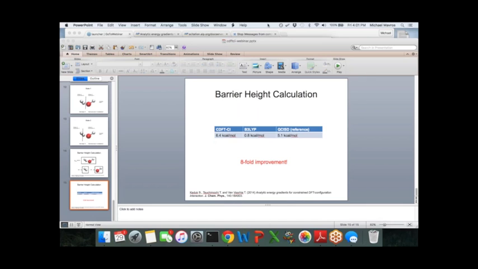Yeah, so this is pretty tricky, I guess. It depends on what you want to call your ground state. For this particular calculation, I just did a B3LYP unconstrained optimization and called that my ground state.